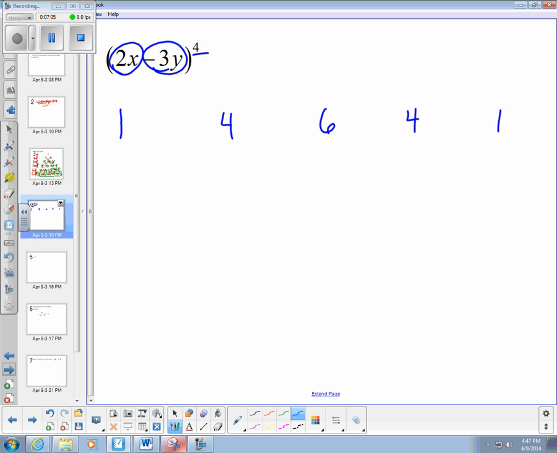We're going to do the same thing here, but it's not just an x, it's a 2x. So I'm going to have 2x to the fourth, 2x to the third, 2x squared, 2x to the first, and then no 2x at the very last term. And notice I put those in parentheses because that exponent also applies to the 2 that's with the x.